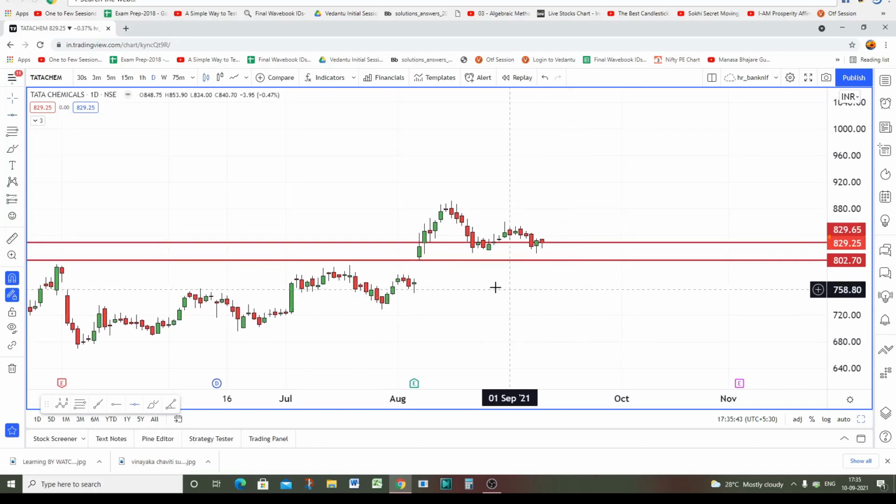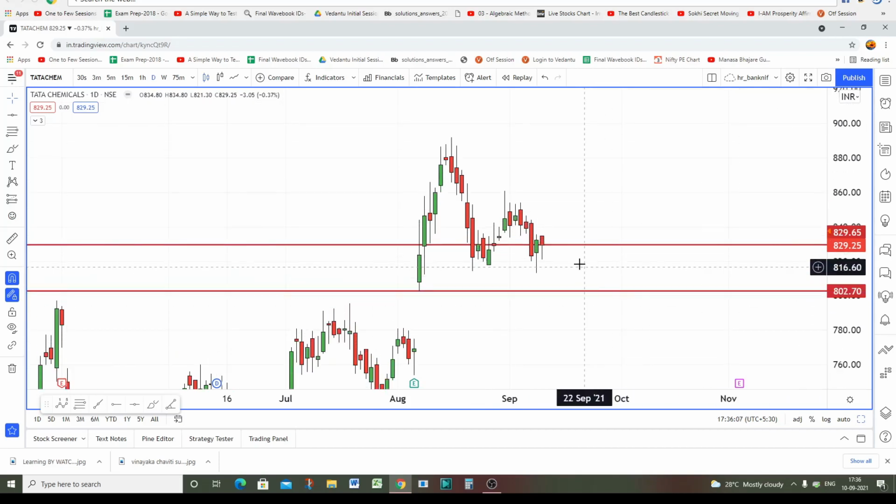The stock has moved upside from the levels of 767 to 800 directly, so there is a gap from the previous session. Now this red line of 802 acts as the best support level if the stock falls down.